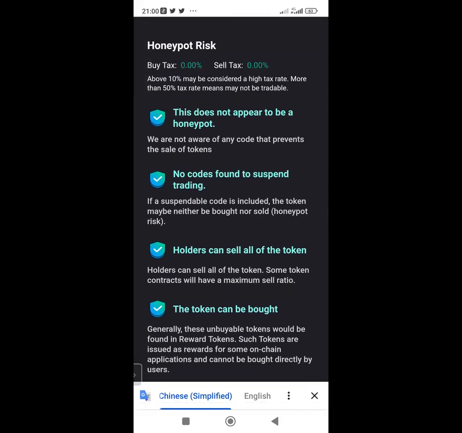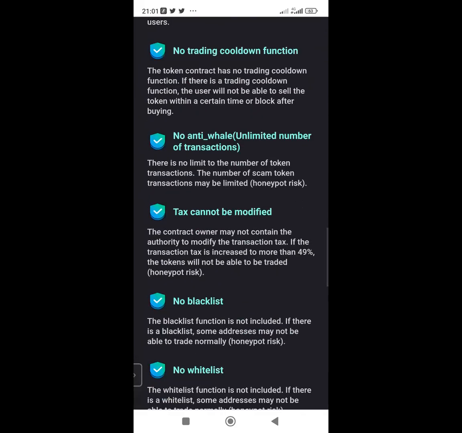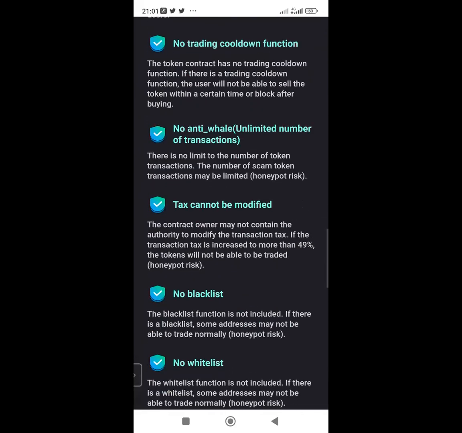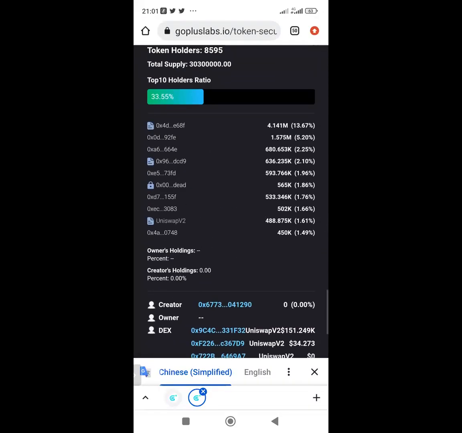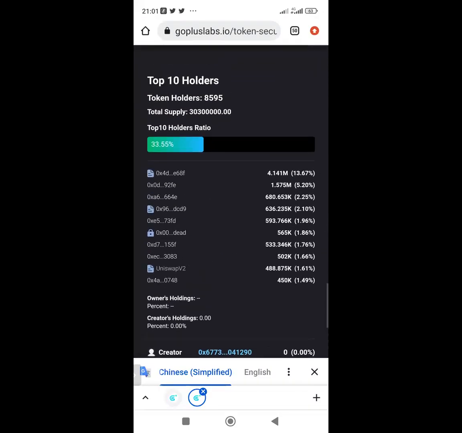You buy it, they increase the slippage in such a way that you can't sell and make anything. We have discovered more than 100 ways scammers use. So it's very, very risky.